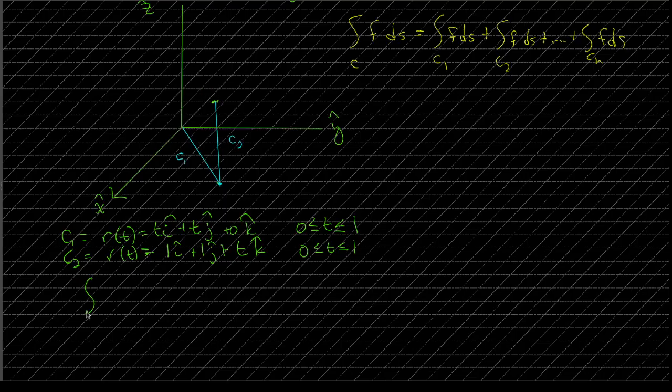So our integral of the union of the two, and again, we're going to use the same function we used before, is going to equal the integral over C1, dt, or ds, sorry, because we haven't put in our parameterization yet, plus the integral over C2 of the same function over this line integral.